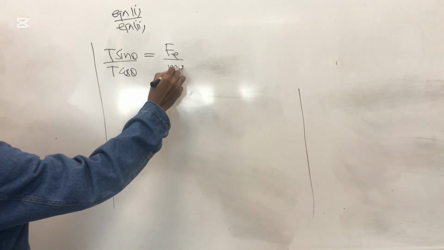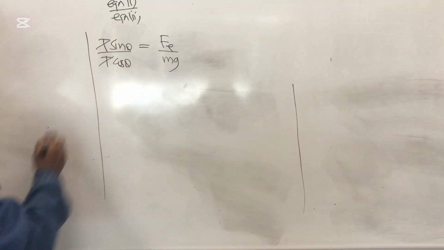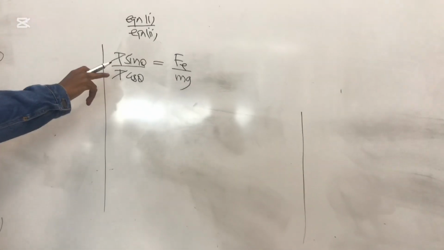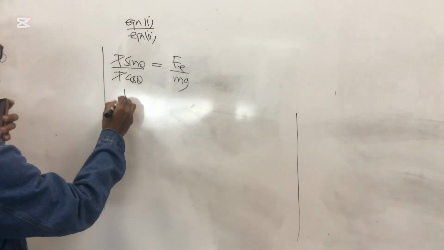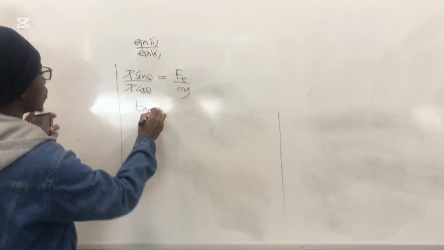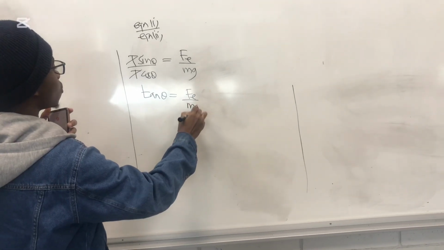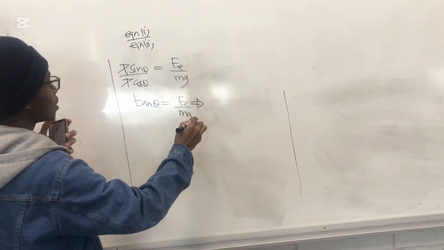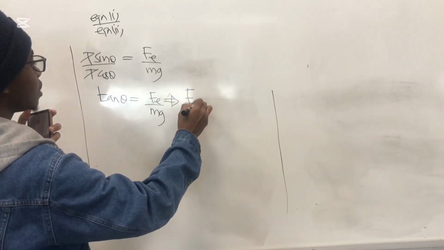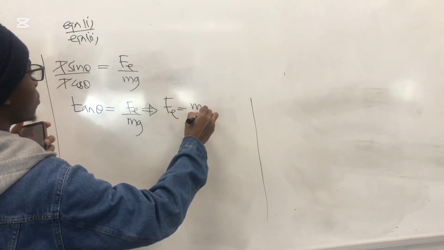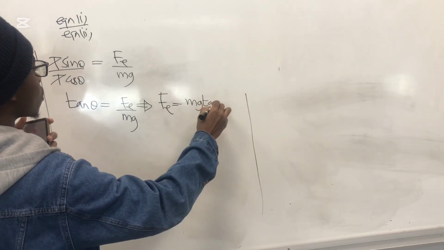From here you can see T and T will cancel, and we also know that sine of angle theta over cos is equal to tan. So tan of angle theta will be equal to electrostatic force Fe over weight, and from here we can say that electrostatic force Fe is equal to mg tan of angle theta.